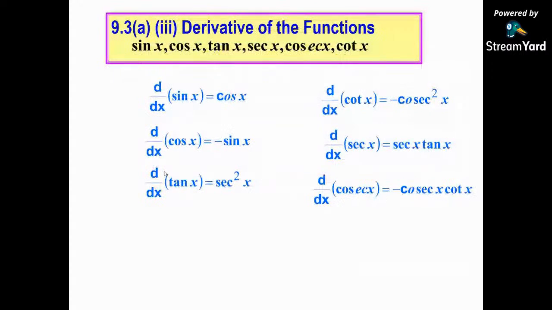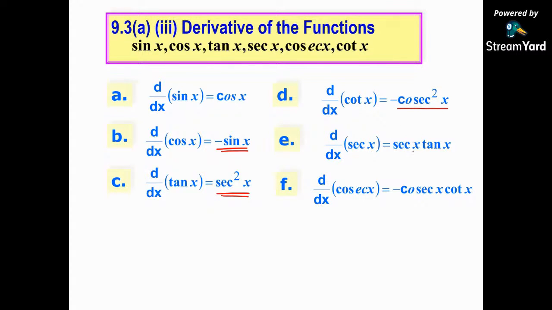Okay, so let us go then. These are the basic things that you need to know. If we differentiate sine x, we are going to get cos x, a positive cos. Differentiating cos x, we get a negative sine. Differentiating tangent x, we get secant square x. Differentiating cotangent x, we get negative cosecant square x.